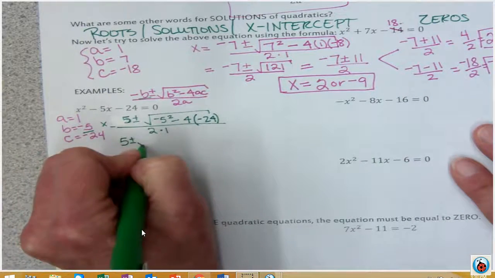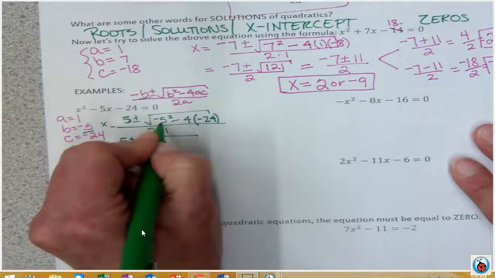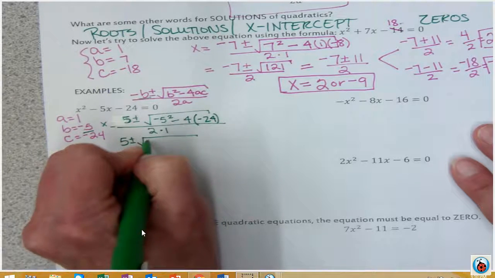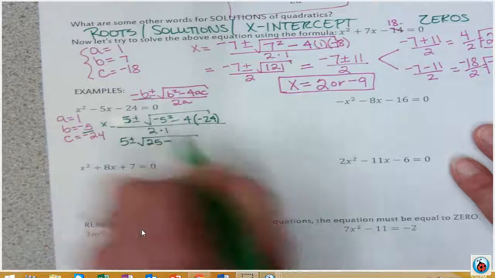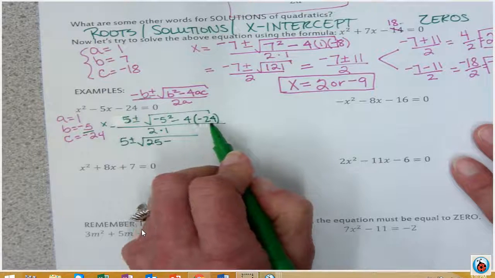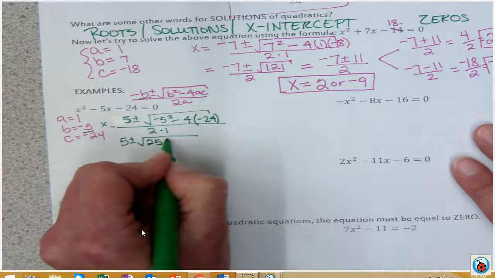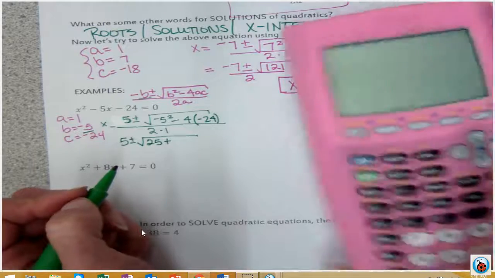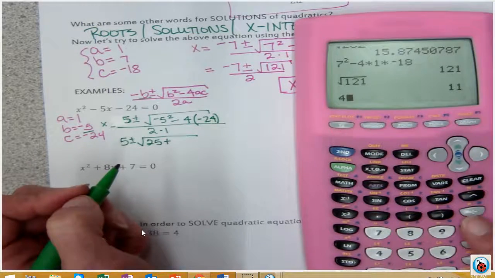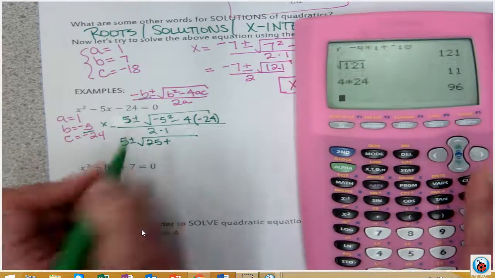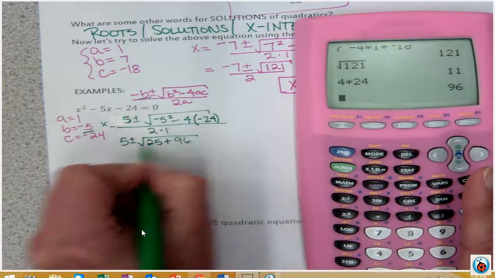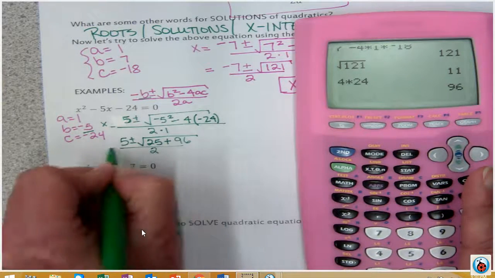Plus or minus the square root, -5 times -5 is 25, minus 4 times -24 is going to give me a positive, and I get 4 times 24, 96, divided by 2.